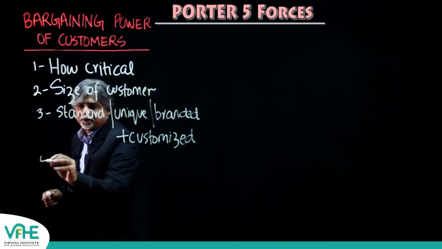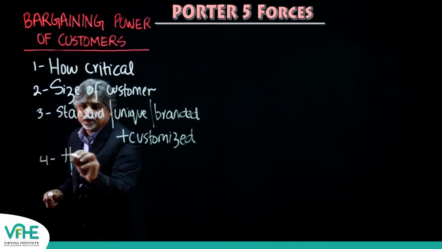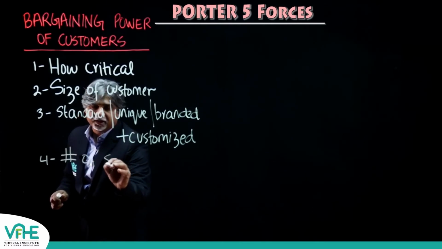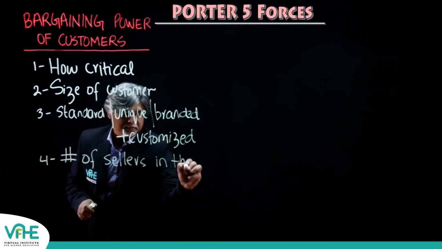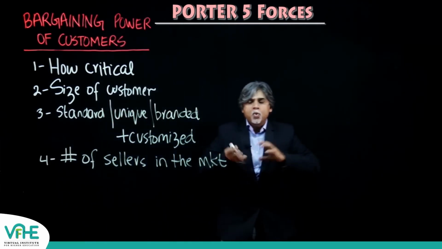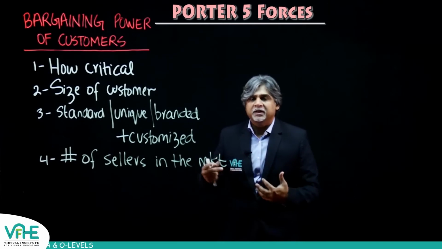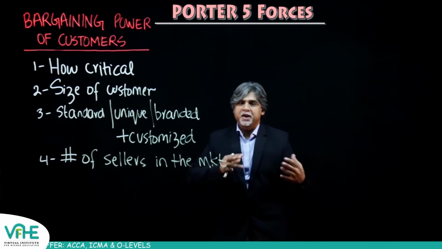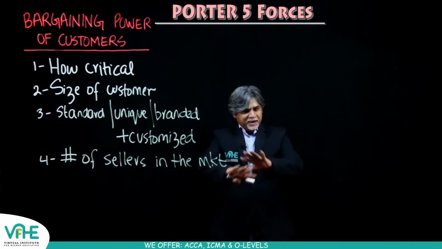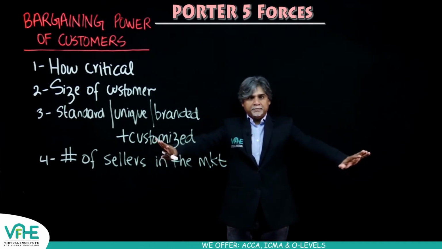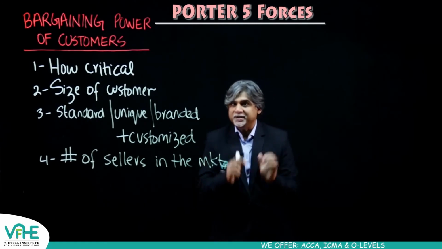The fourth factor we can look at is the number of sellers in the market. How many sellers are selling the same or similar products in the market? When there are many sellers, customers have a choice.